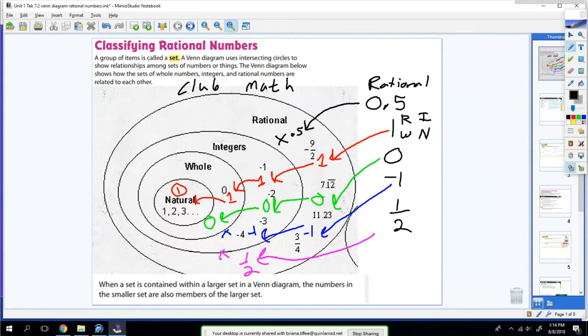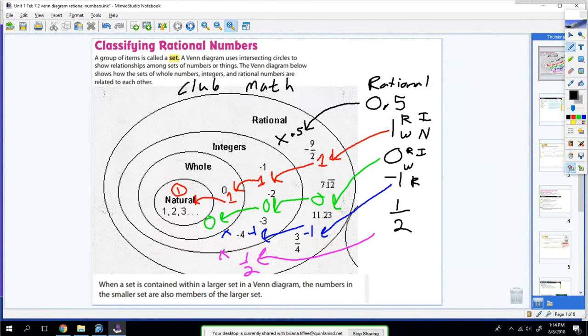Because you see how it went through all 4 of these circles, it means it's all 4 of these things. So it's a natural, it's a whole, it's an integer, it's rational. 0 is rational, it's an integer, and it's a whole number, but it's not natural because it's 0. Natural numbers can't be 0.